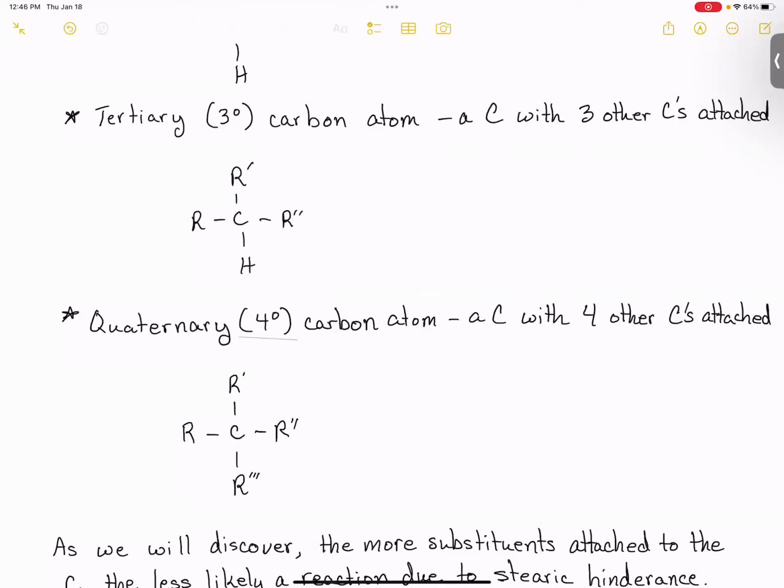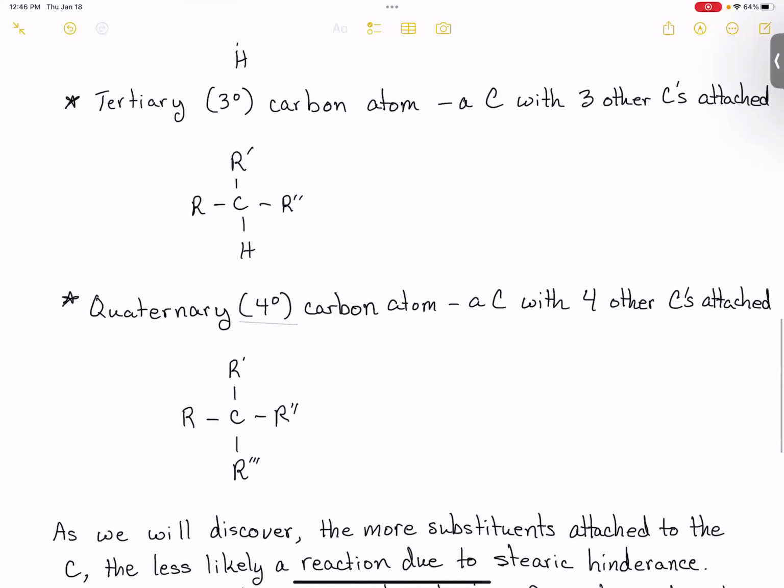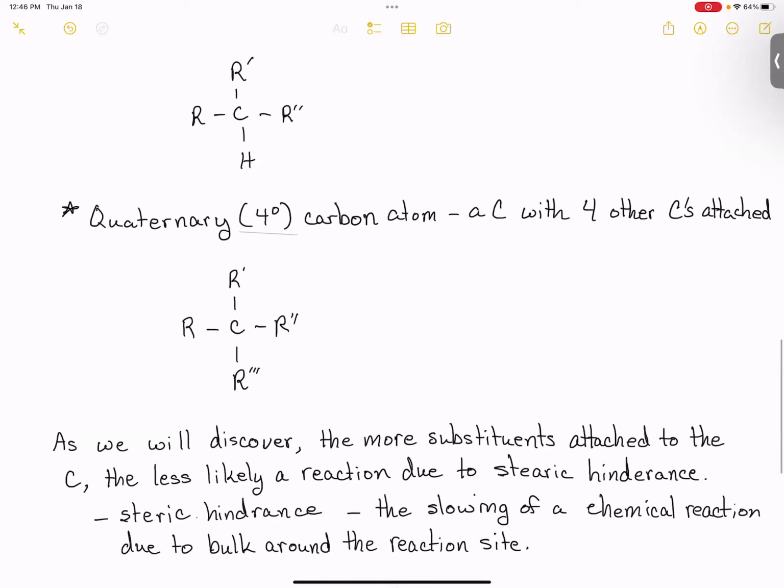Again, once you get to that tertiary, and with quaternary, there's not going to be a reaction. But once you get to tertiary, there are going to be fewer reactions that will occur simply due to the steric hindrance.